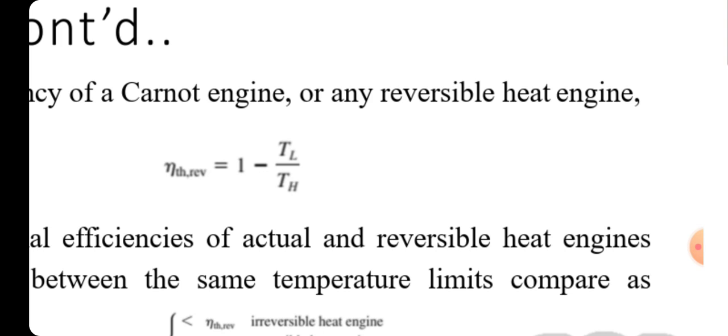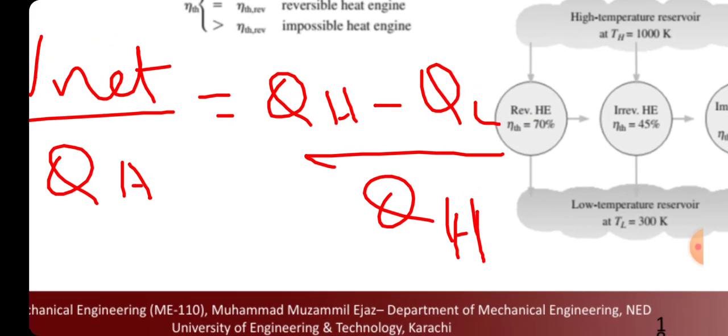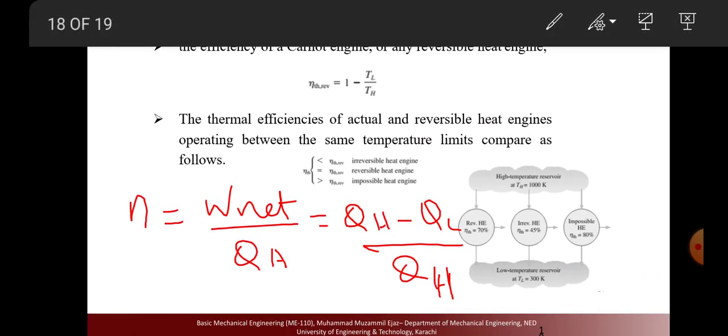For an ideal system like a reversible cycle, we can directly write it in terms of temperature, because the formula of Q is mcT. So the mass will be cancelled, and the remaining thing will be temperature.